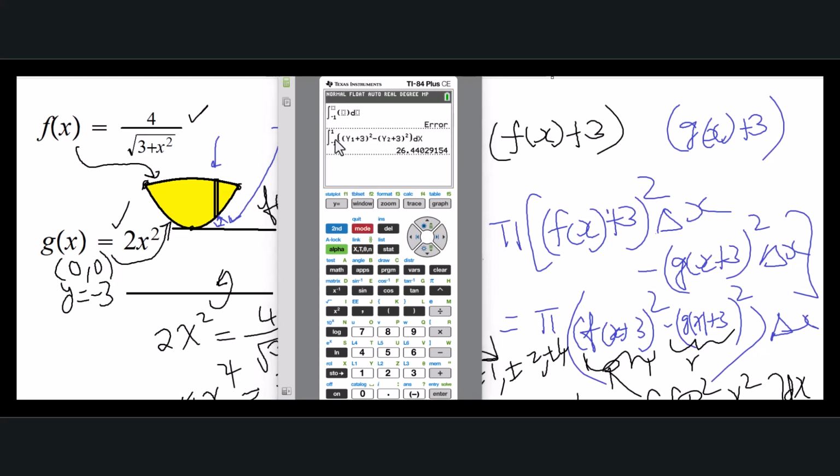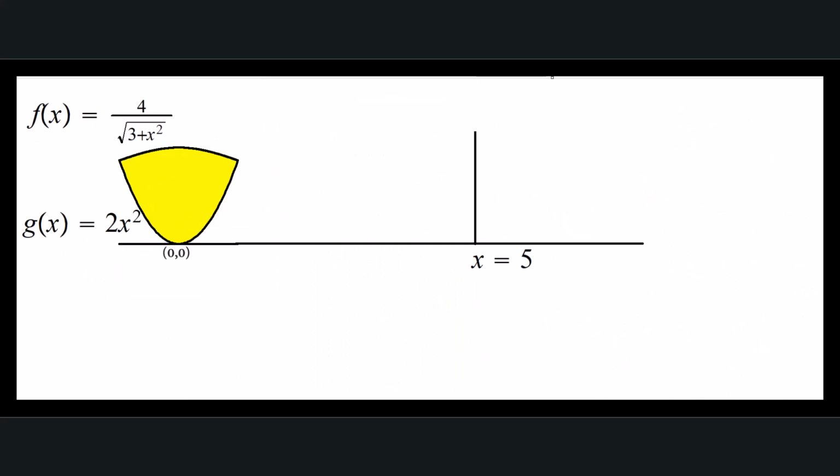Now we forgot putting pi in here. So for the volume, we have to multiply the answer with pi, and then the volume is 83.0646 units.